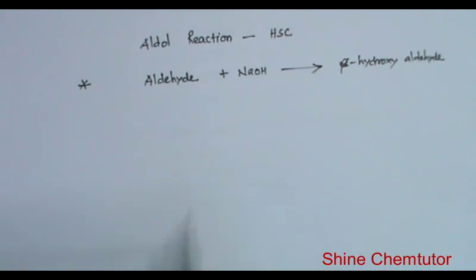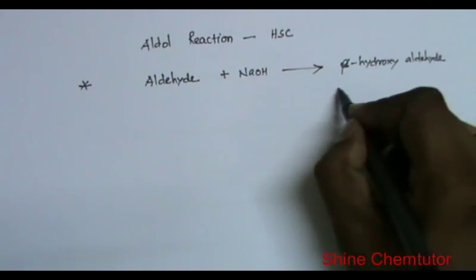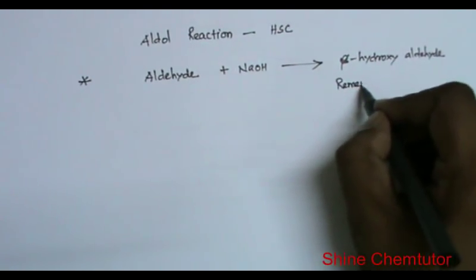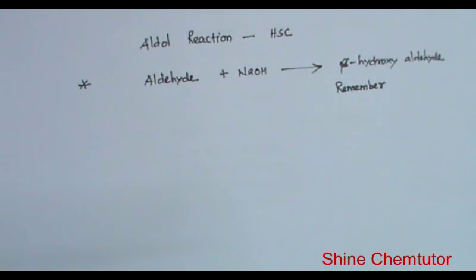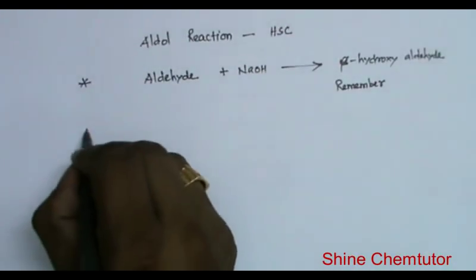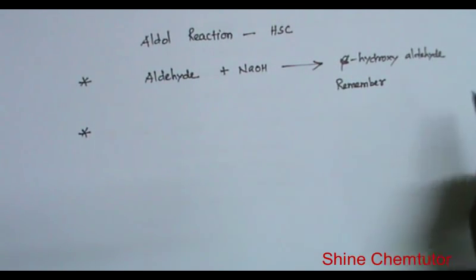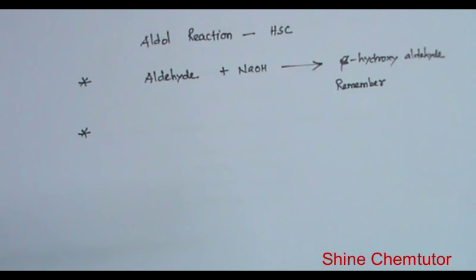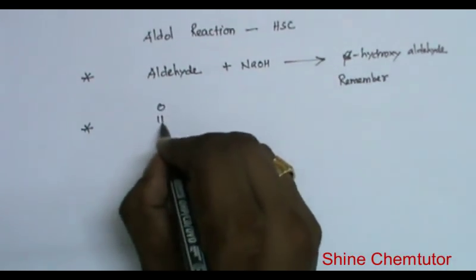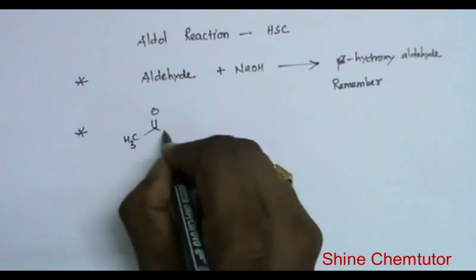So if you are able to remember this, then that is the first level, remember. This is the basic. Now the second one: why do I get that? Why do I get this product? For that, I go for this.